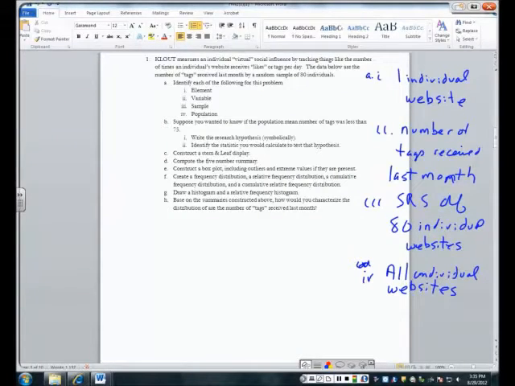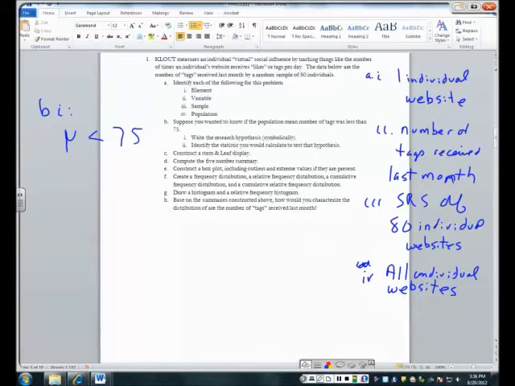So on part B, also a little bit of review. Suppose we want to know if the population mean number of tags was less than 75, B, part I. That's just writing a research hypothesis, which is mu, that's the population parameter for when we're looking at means, less than 75.